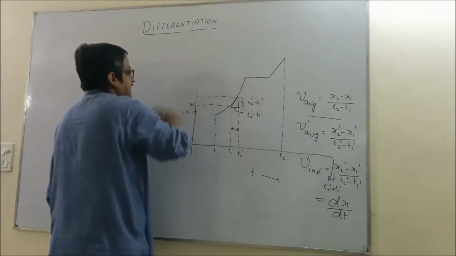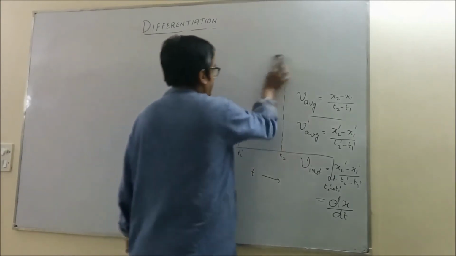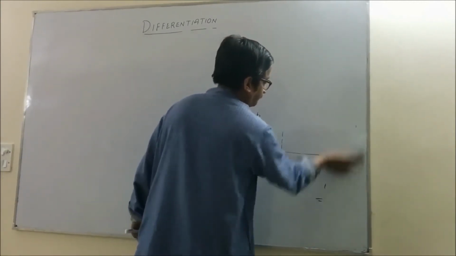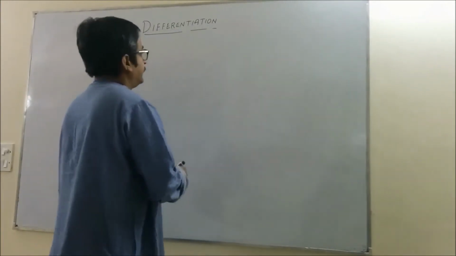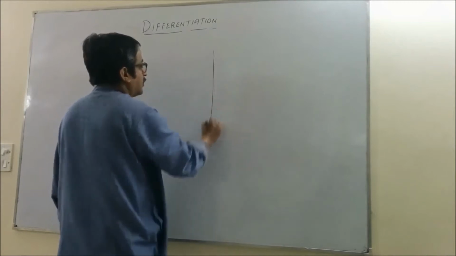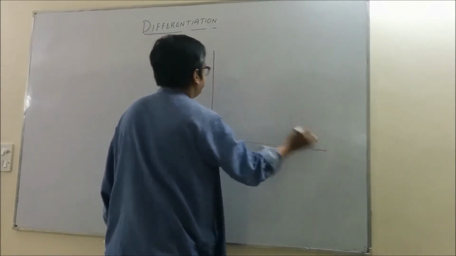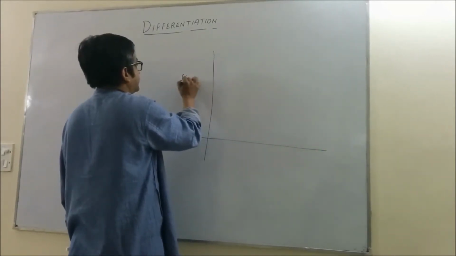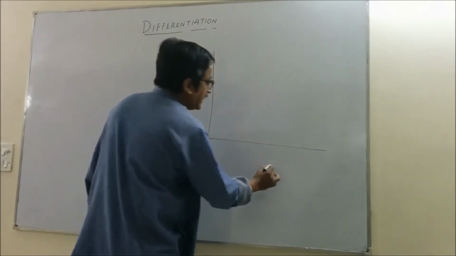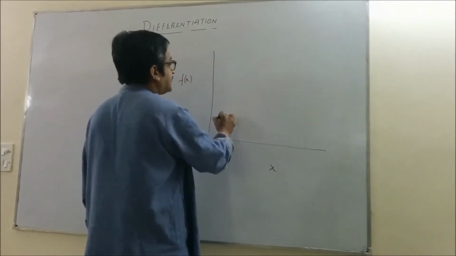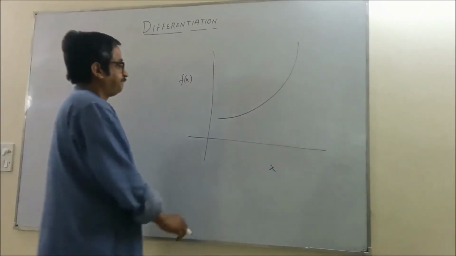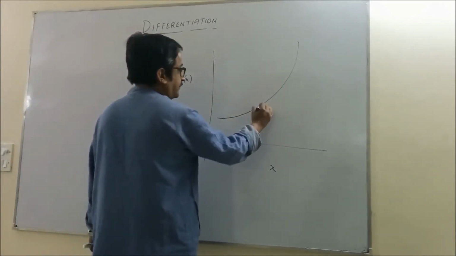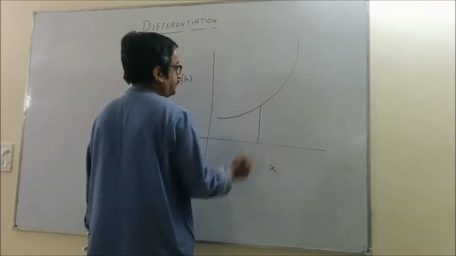Now we will extend this to more general functions. We have got a function f(x) and x. And let the function be like this, moving like this. I choose a point over here.